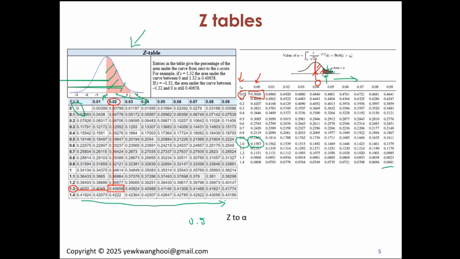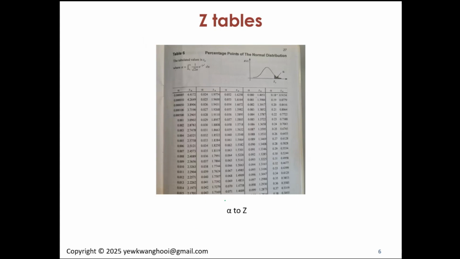Cannot draw properly. The other table that you can use is percentage points of the normal distribution. Some books will have this page. So why I want to mention this is, you look at here, the objective is the same.